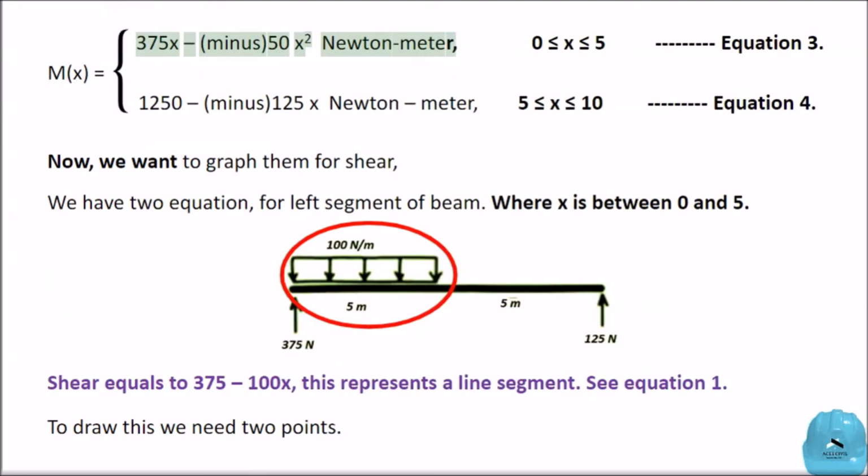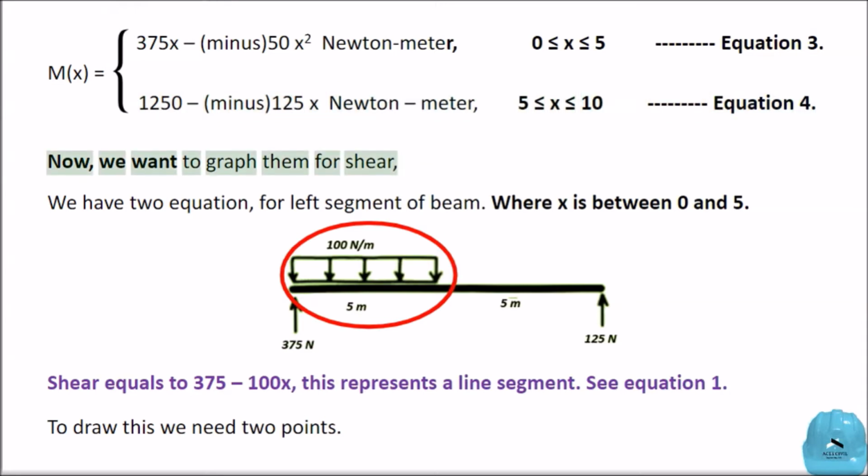M(x) equals 375x minus 50x² Newton meter, 0 ≤ x ≤ 5. Equation 3. M(x) equals 1250 minus 125x Newton meter, 5 ≤ x ≤ 10. Equation 4.